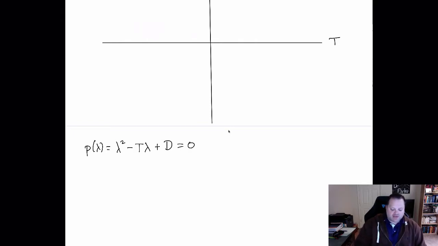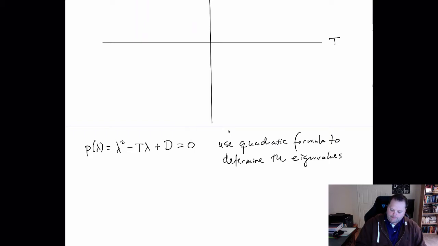I can then find the zeros of that equation by using the quadratic formula. In other words, let's use the quadratic formula to determine the eigenvalues in terms of the point (T, D) that we would want to plot in the plane up here.